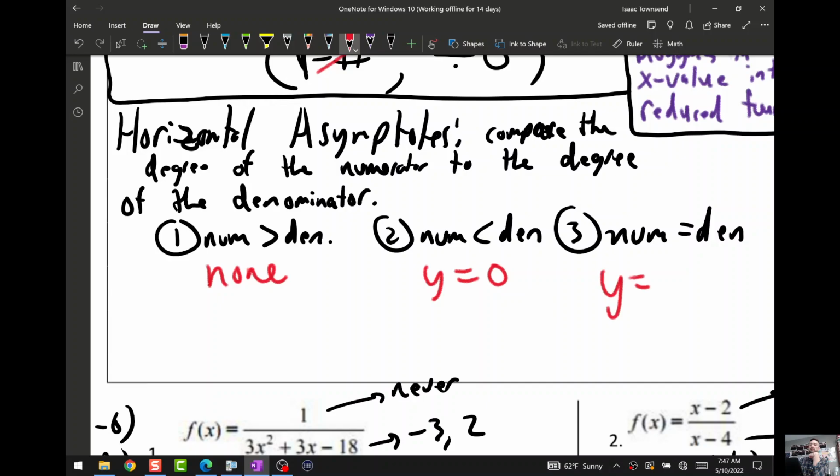So then what it depends on is the leading coefficient of the numerator over the leading coefficient of the denominator. So like if the numerator has a 5 and the denominator has a 1, the numerator is growing 5 times faster. So it would be a 5.